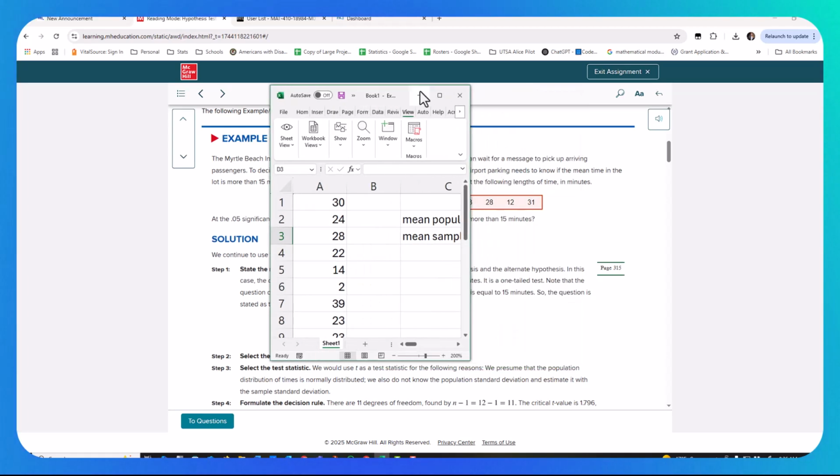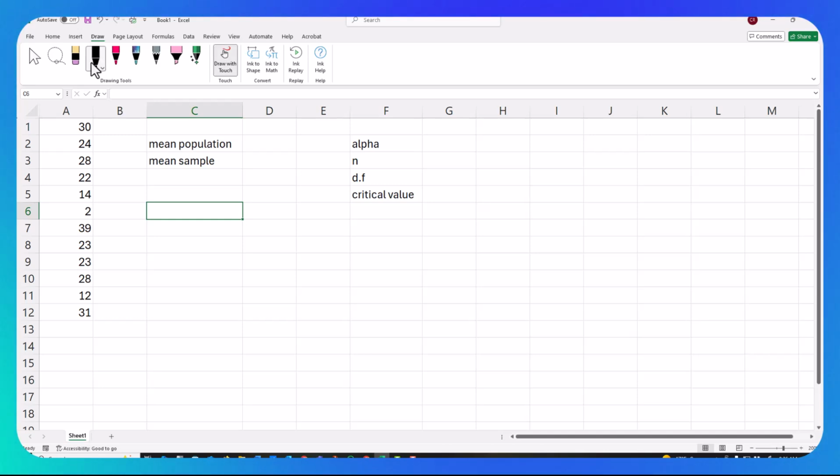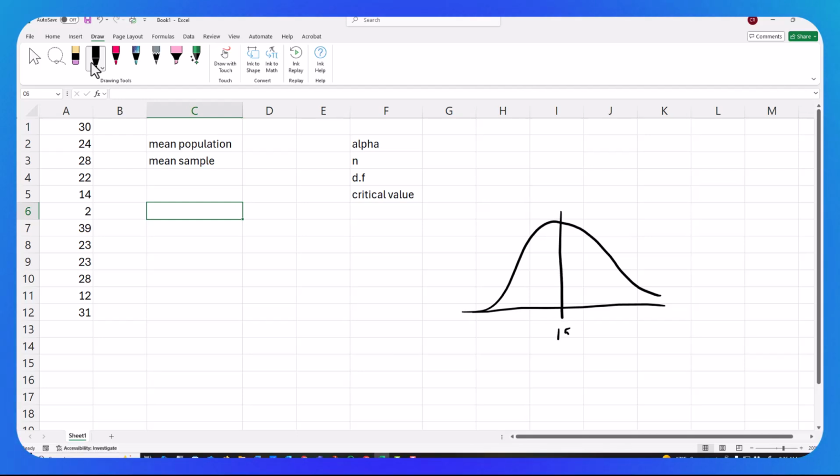So what I would do is get Excel. And so basically what we're doing here, if I can draw a normal curve, is we are saying that the mean population is 15, but the manager wants to know if it's greater than.